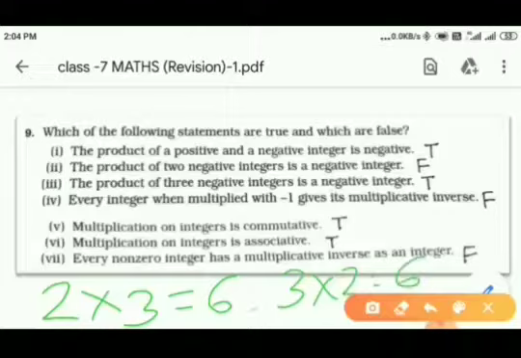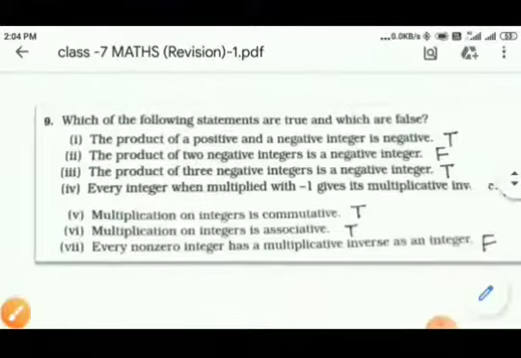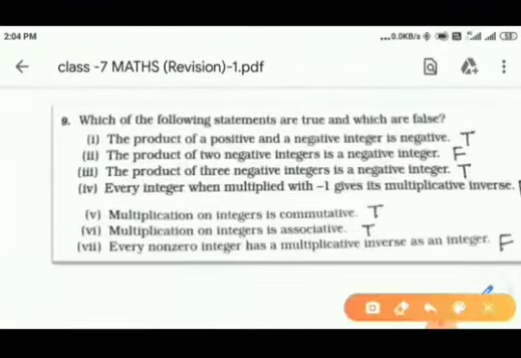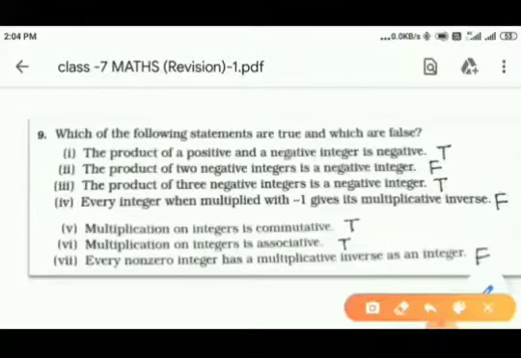So we can change the order when multiplying integers. This is a true statement. The next one is multiplication on integers is associative. If the commutative property is satisfied, then the associative property is also satisfied.